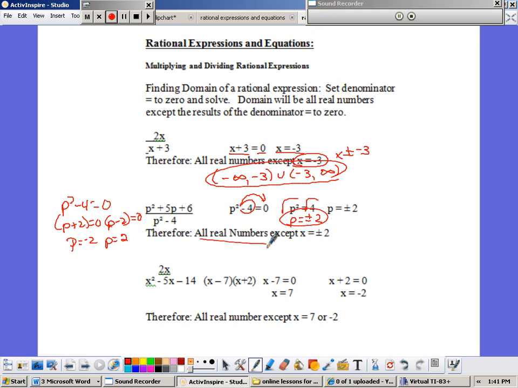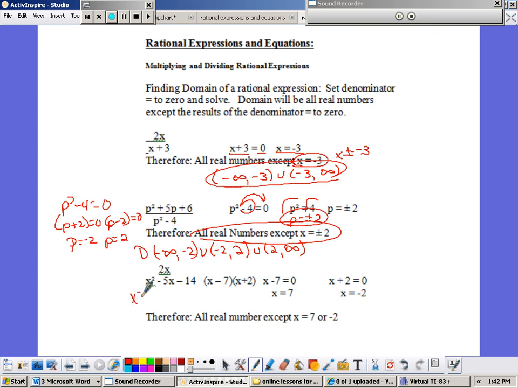Therefore, x cannot be plus or minus 2. Meaning, if I was writing this as a domain, we would start at negative infinity, run to negative 2, jump negative 2, run to positive 2, jump positive 2, and go to infinity. Big split domain.